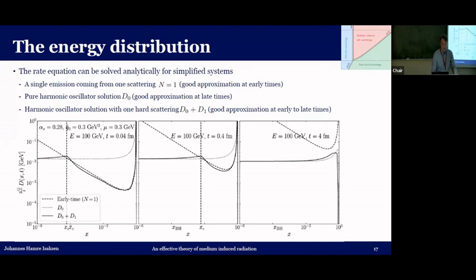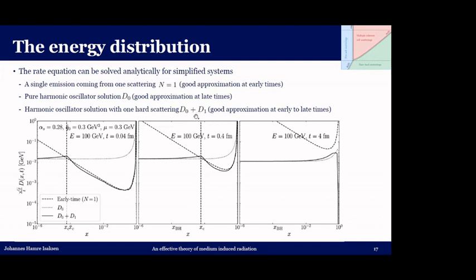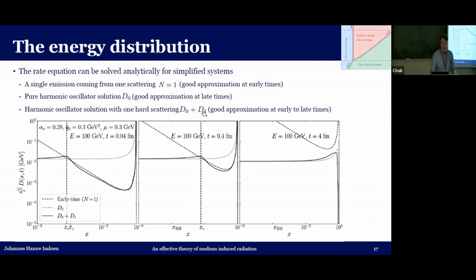That works okay at late times because at late times everything is dominated by the harmonic oscillator emissions. And then we also made this kind of mixture where you have a harmonic oscillator solution, but you add one hard scattering, and it gives you a little mix where it follows this early time behavior, but at late times it goes to the harmonic oscillator behavior.